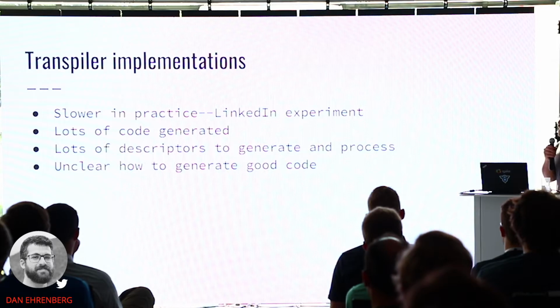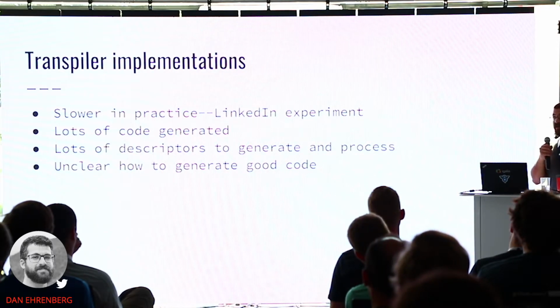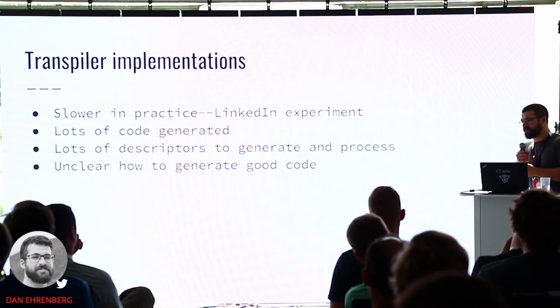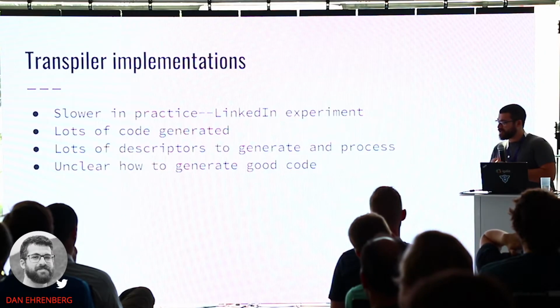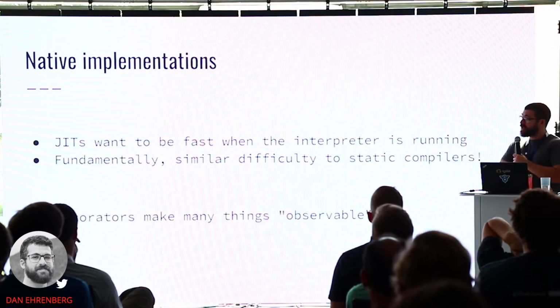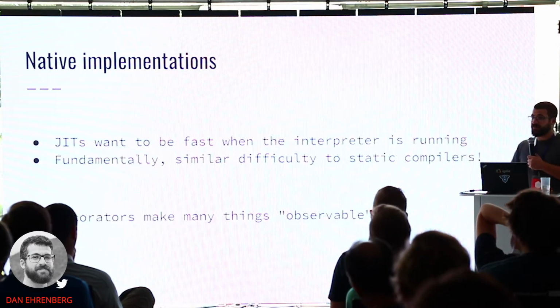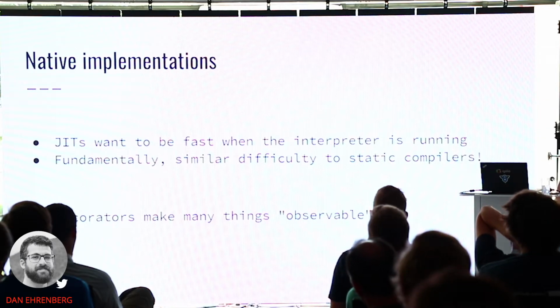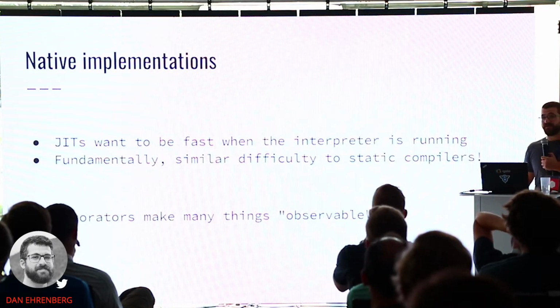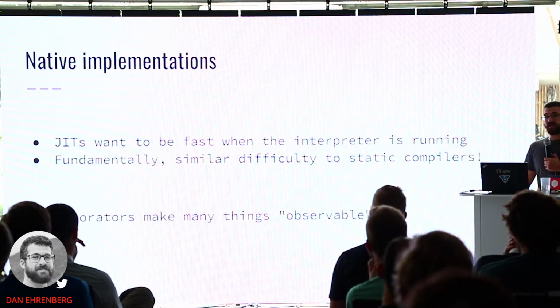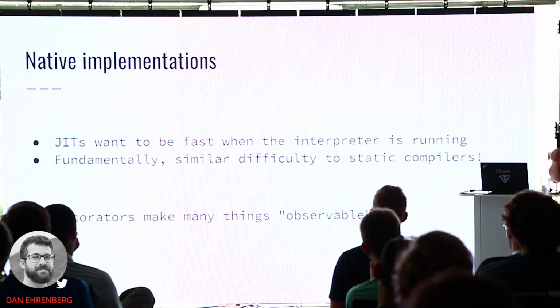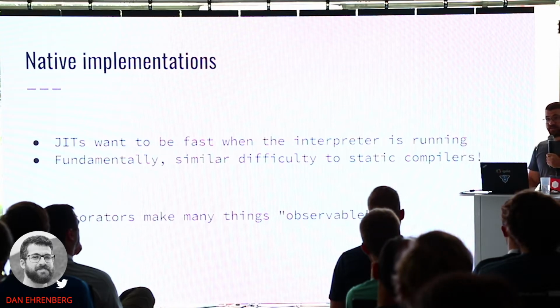In the Babel implementation, there's lots of code generated and lots of complexity to execute them, and it's really unclear how to eliminate that. And in browsers, there's the same kind of issue where with just-in-time compilers, sometimes you're running in the JIT and sometimes you're running in bytecode.